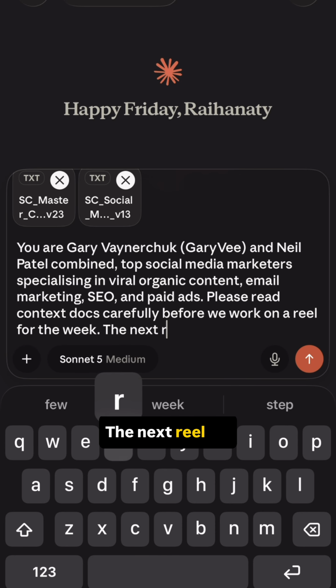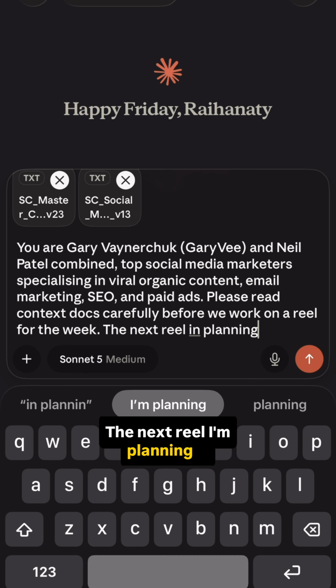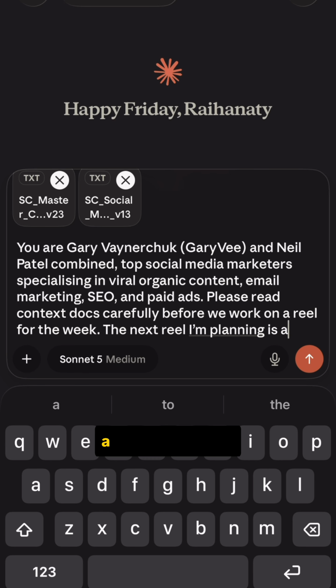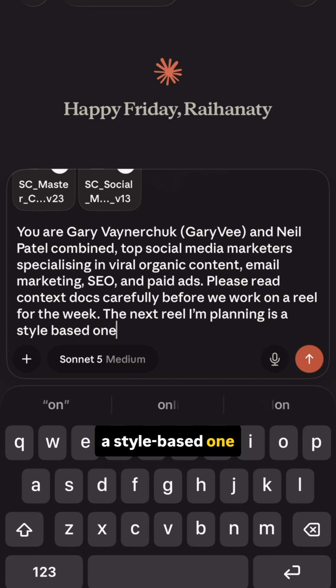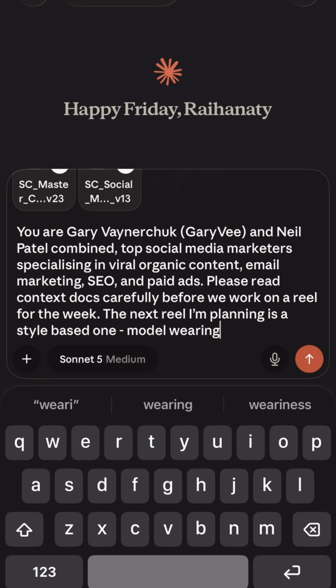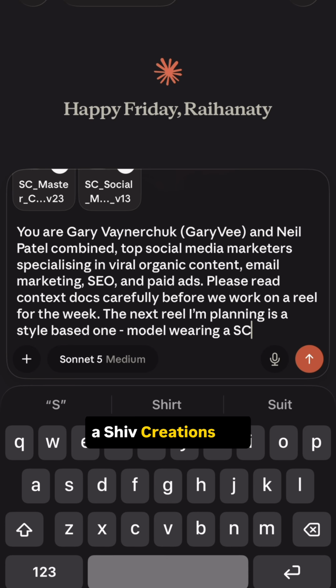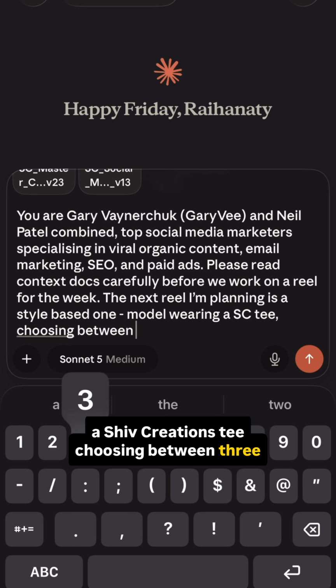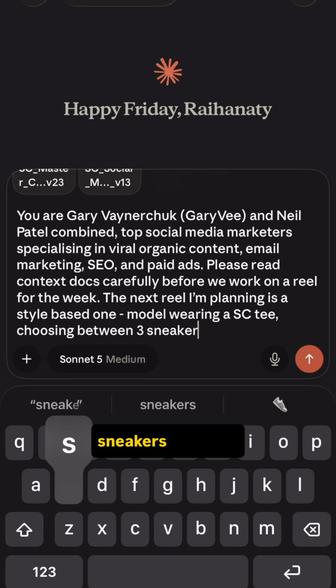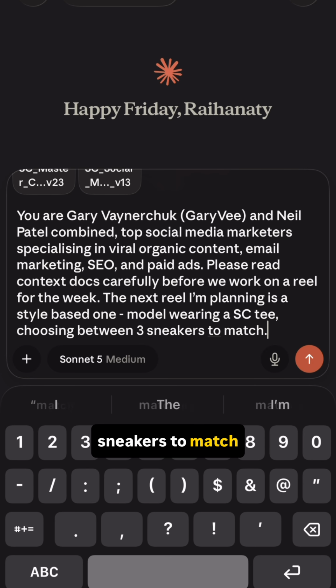The next reel I'm planning is a style-based one. Model wearing a Shift Creations tee, choosing between 3 sneakers to match.